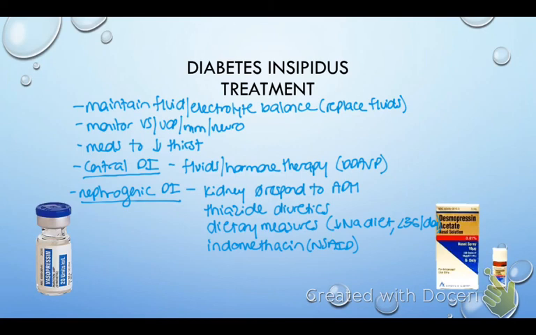So these meds help the kidneys respond to the ADH that's there. We're not going to give them more ADH. They've got it, if it's from a nephrogenic cause. So again, this is why it's important to figure out what's causing it in the first place, so that we can treat the cause, and so that we can treat them the right way.